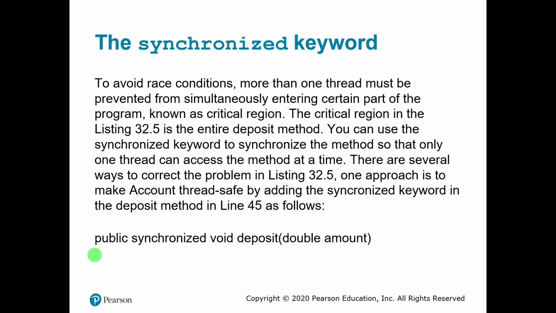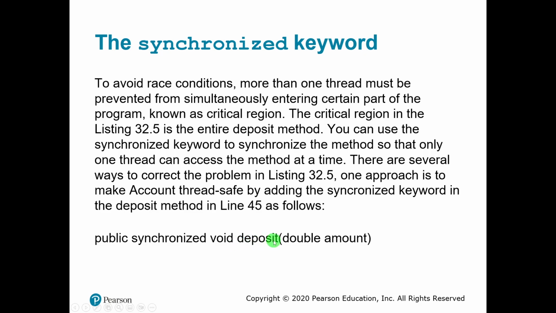And the answer is the synchronized keyword. To avoid race conditions, more than one thread has to be prevented from simultaneously entering the critical region. What is the critical region? In this case, it's our deposit method. We can't have all 100 threads trying to access deposit at the same time.